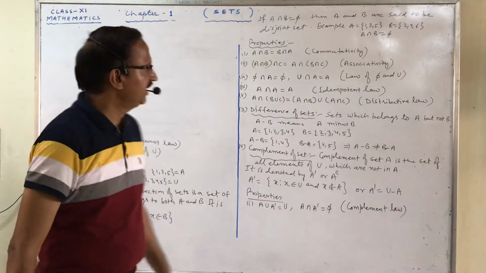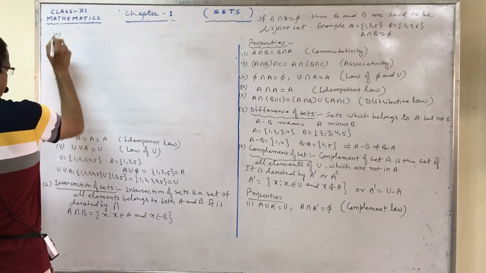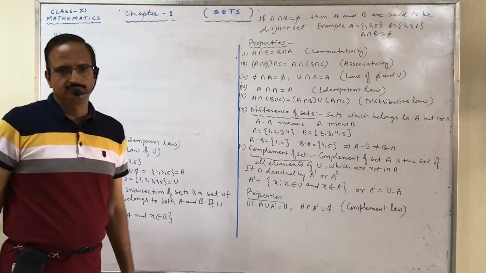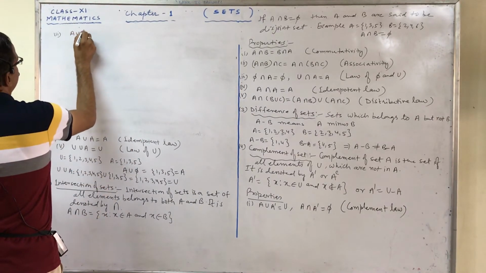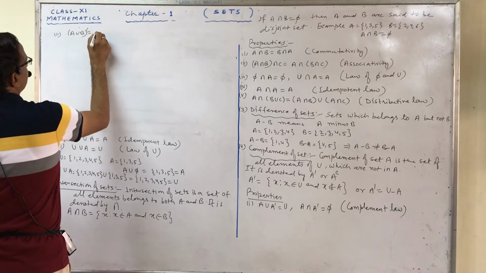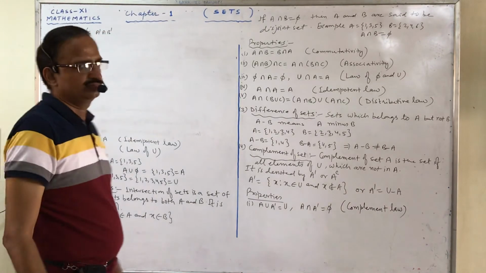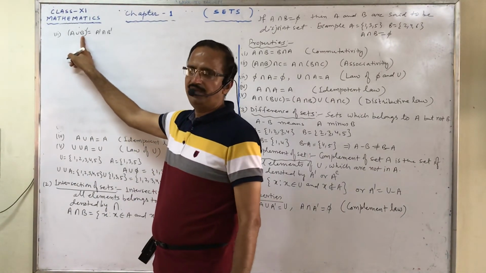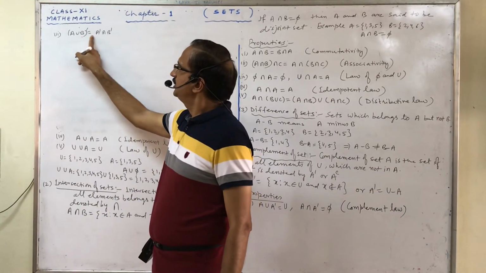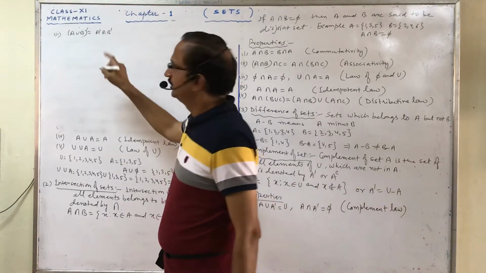Now come to the second property. A union B dash equals A dash intersection B dash. Complement of what? Union of A and B. This equals intersection of A dash and B dash.